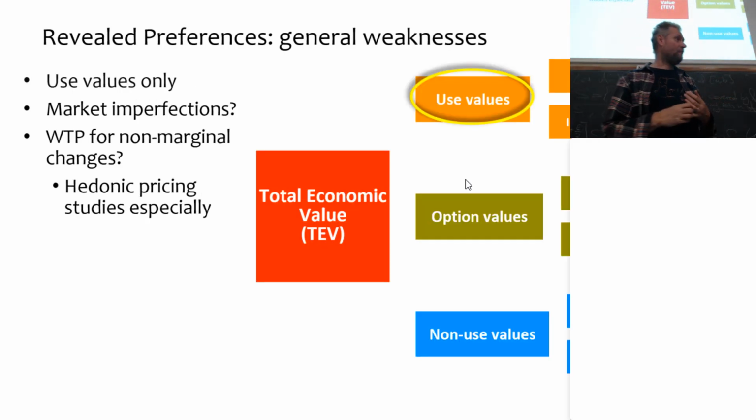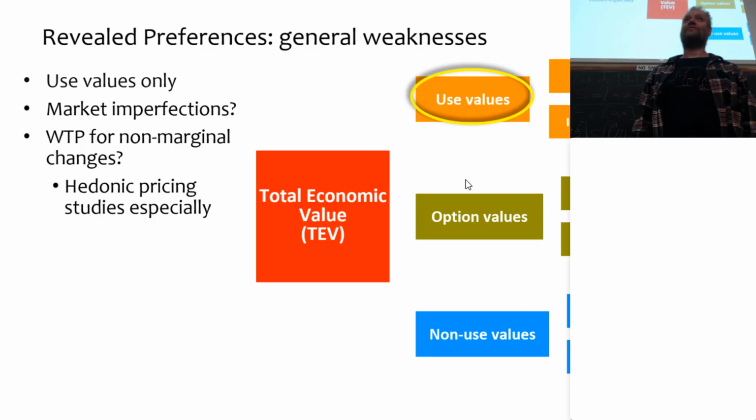The main weakness of revealed preference methods is that you can only estimate the use values. People buy a house to live there. They don't buy a house because elephants exist, right? You just can't derive existence value of elephants from the housing market because it's completely unrelated.